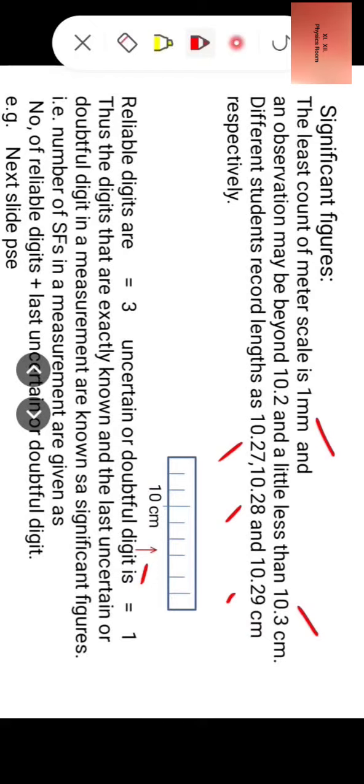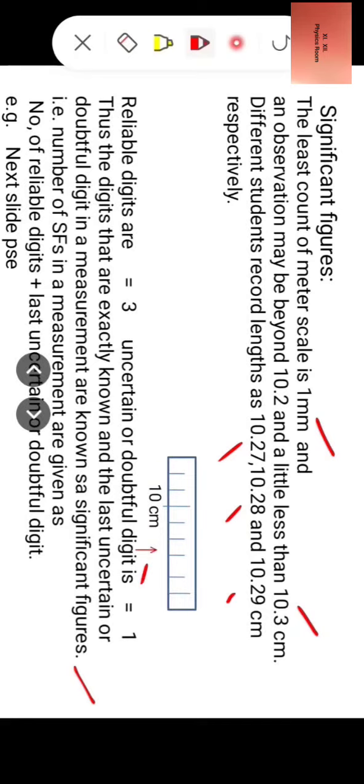Thus, the digits that are exactly known and the last uncertain or doubtful digit in a measurement are known as significant figures. I repeat, the digits that are exactly known and the last uncertain or doubtful digit in a measurement are known as significant figures.